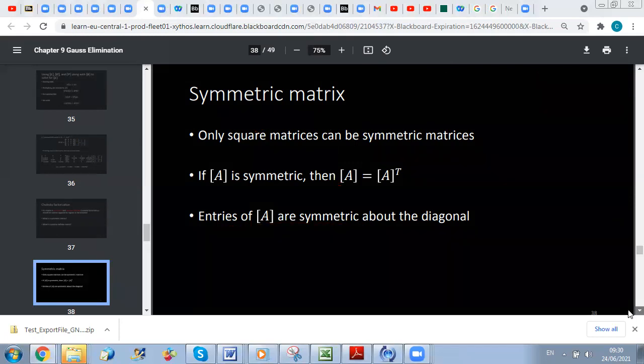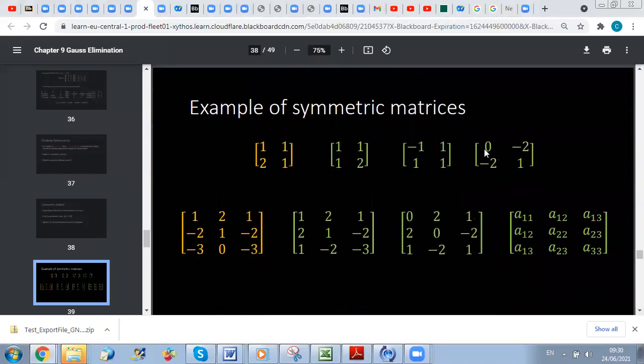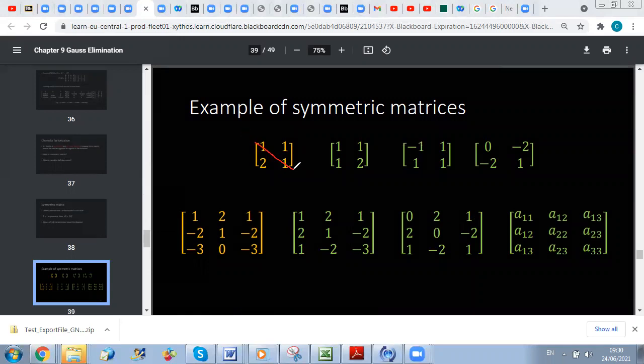Let us take some examples. You have the following matrices, and you want to determine if each is symmetric or not. All you have to do is draw the diagonal. You don't care about elements on the diagonal; they can be any elements. Now you check: do I have symmetry here? No, 2 is different than 1, so it's not a symmetric matrix.